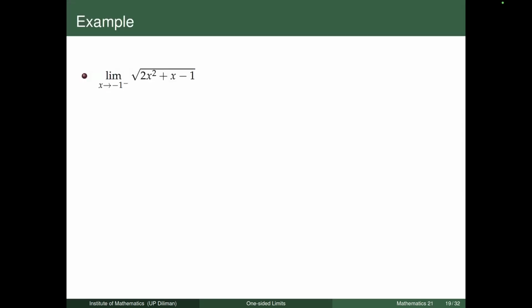So, consider this example. What is the limit as x approaches negative 1 from the left? Now, if you plug the value, so 2 times negative 1 squared plus negative 1 minus 1. So what you get is 2 minus 1 minus 1, which is 0.